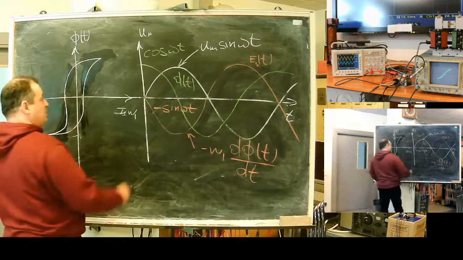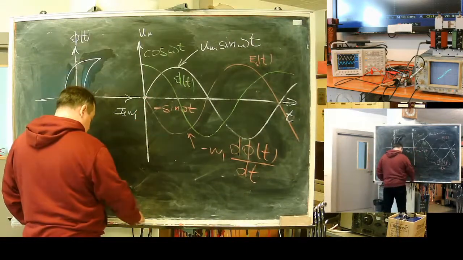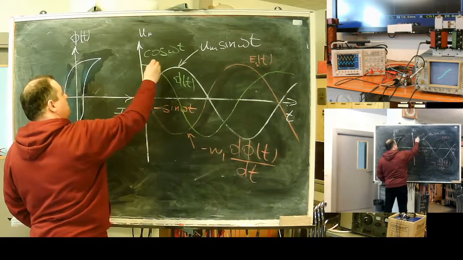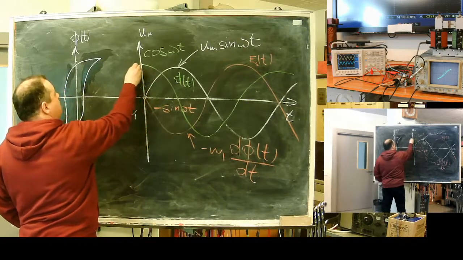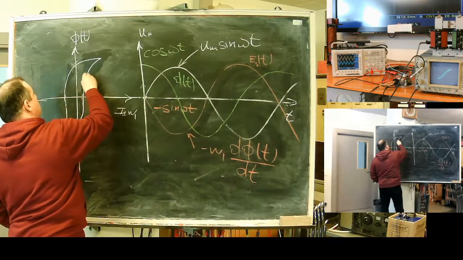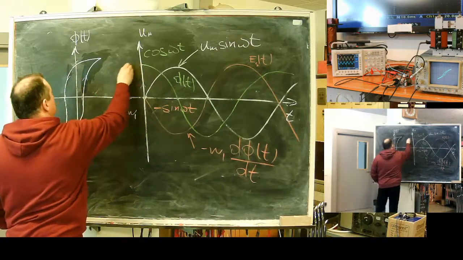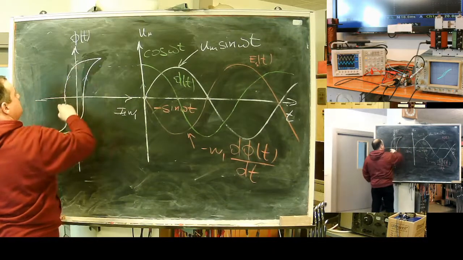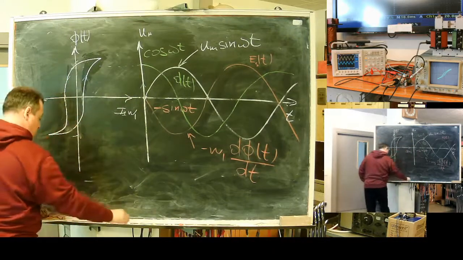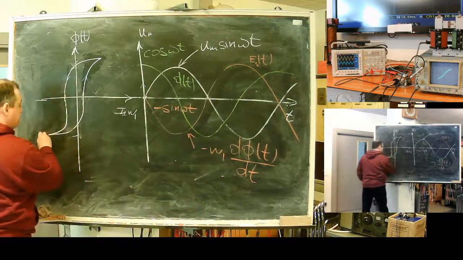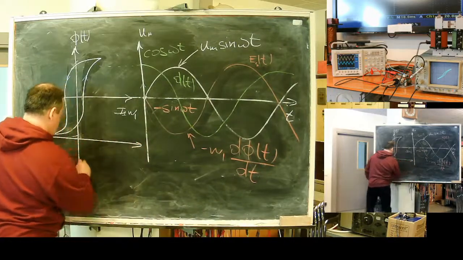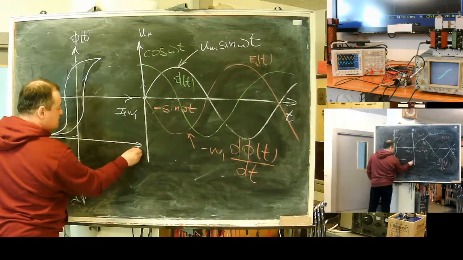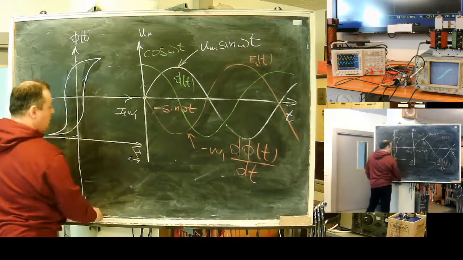So, let's take one moment of time. This one is up, this one is down. We will go down, so this should be this point. Now, I will have a time scale here, and this will be my primary current.